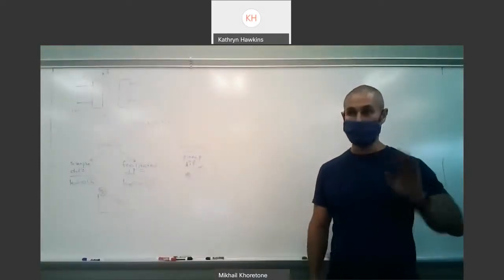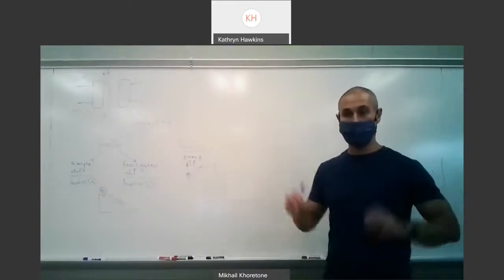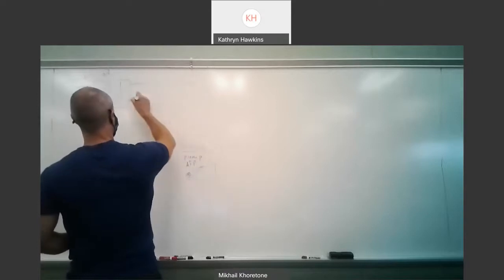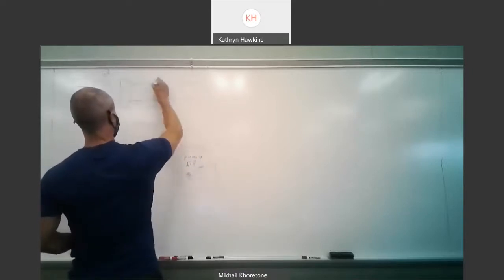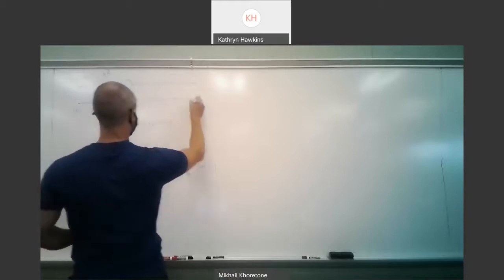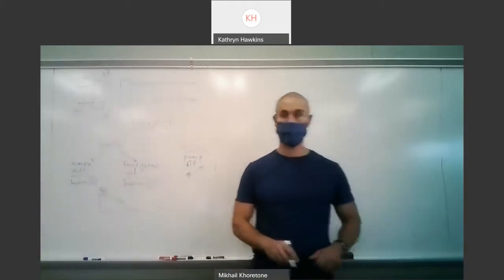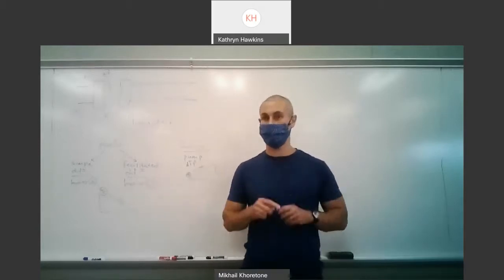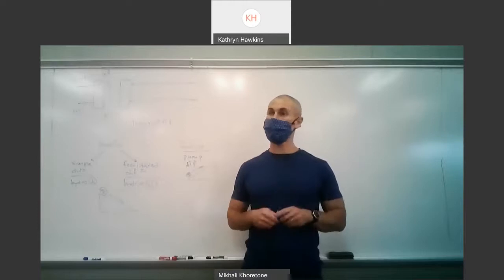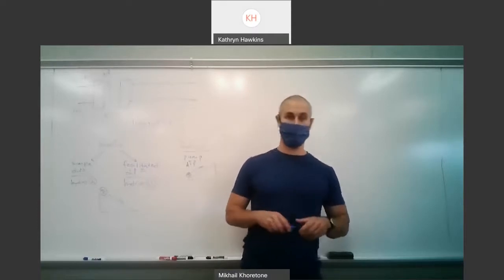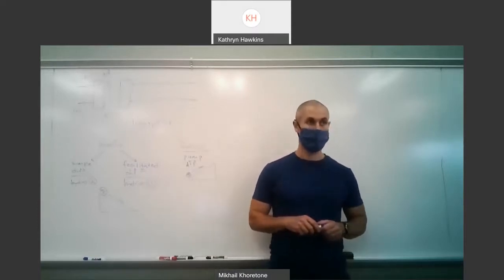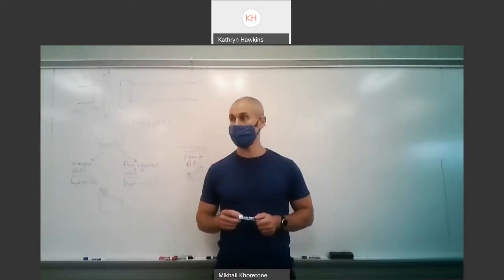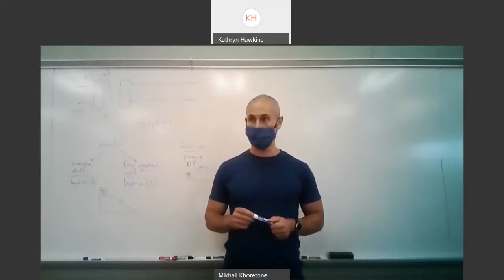Now, last bit of preparatory information is this. I expect you to know the concentrations of ions outside and inside of the cell. Now, I don't remember if I made this pledge before, but my general approach is I do not ask you to memorize numbers.